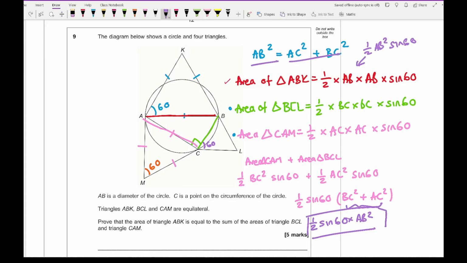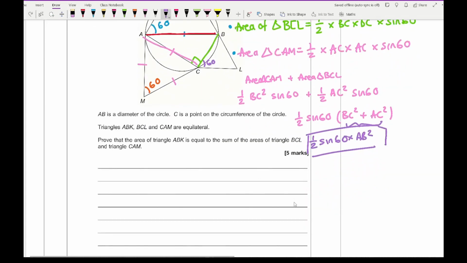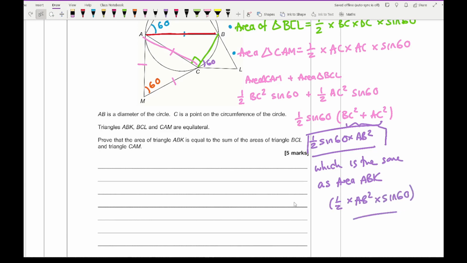Which is the same as area ABK, which is a half times AB squared times sine 60, and there we go.